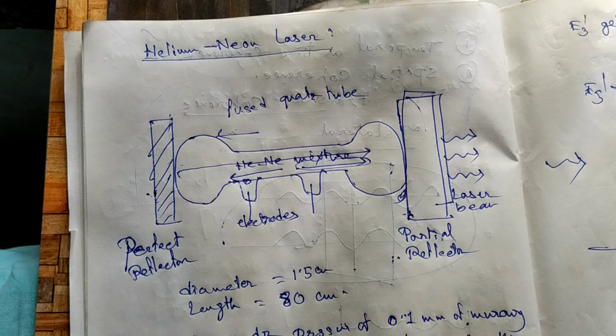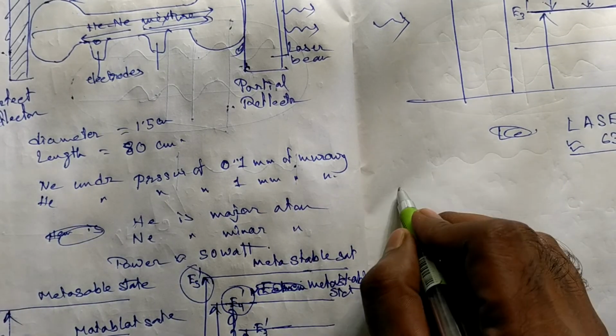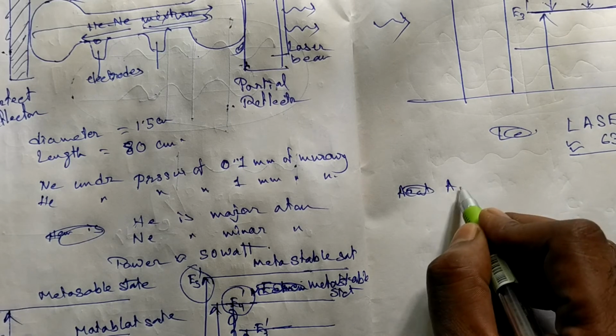Now, what are the characteristics of the helium neon laser? Please note this down: the active medium is always helium and neon gases. What is the active medium of this laser?